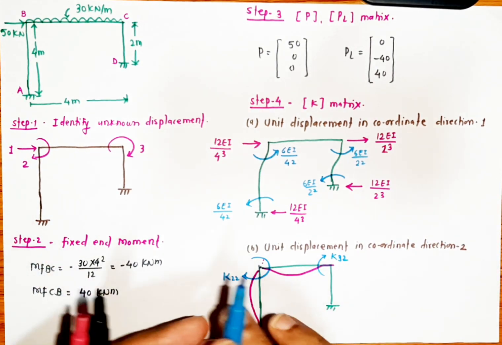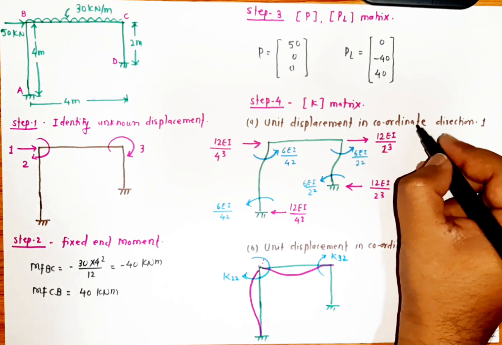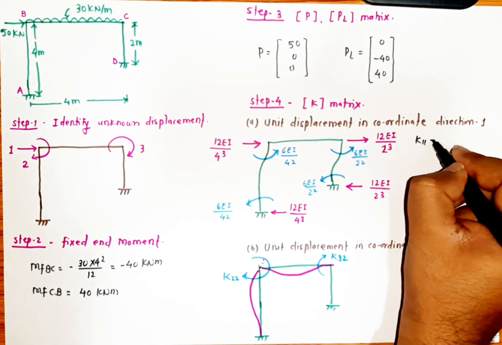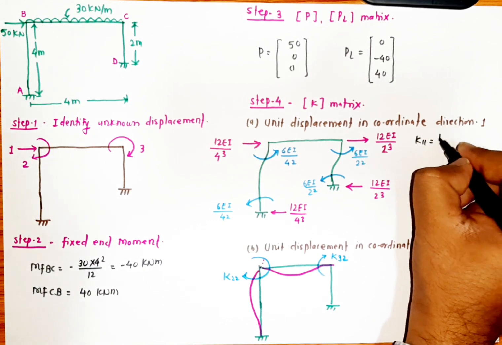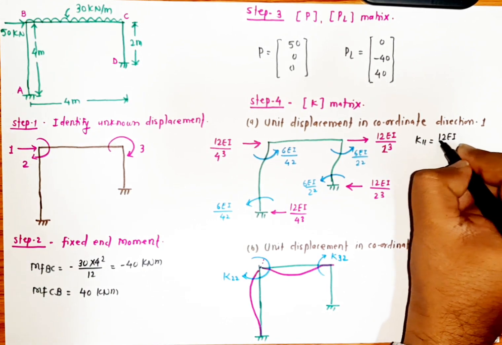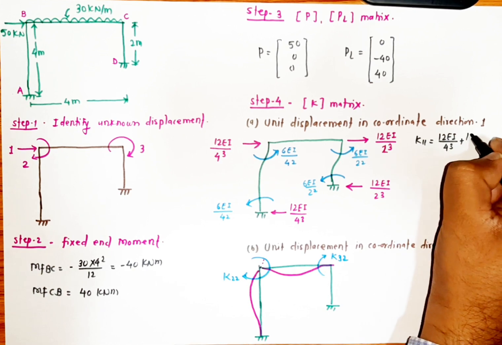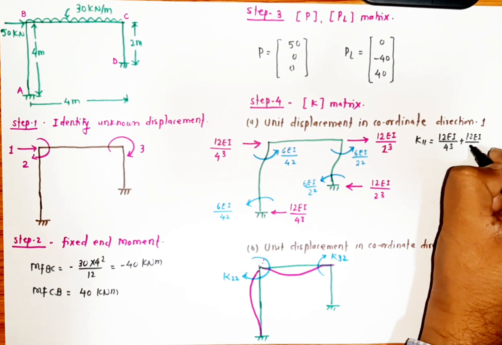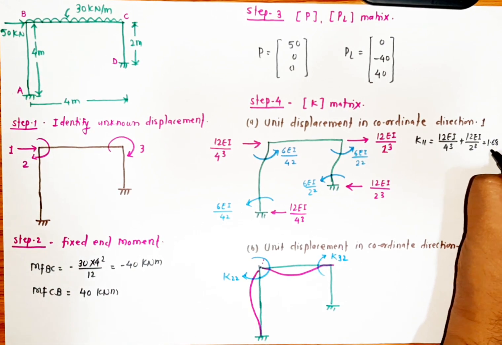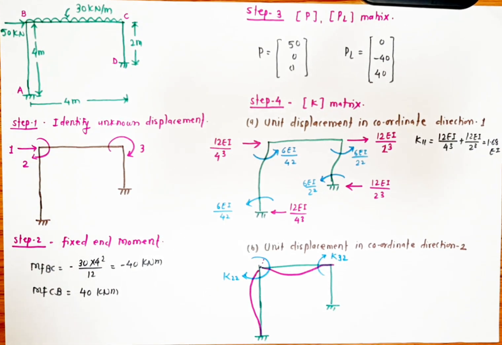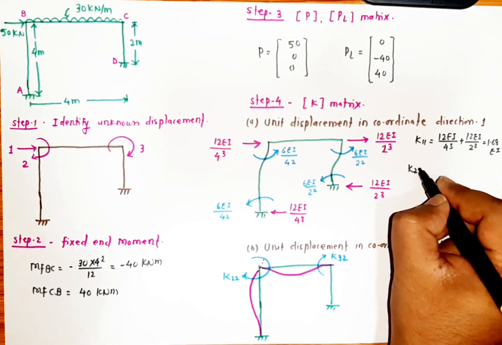Now next find K11. K11 is along coordinate direction 1 only, that is nothing but 12 EI divided by 4 cube plus 12 EI divided by 2 cube. Ultimately this value is 1.68 EI. Next is K21.